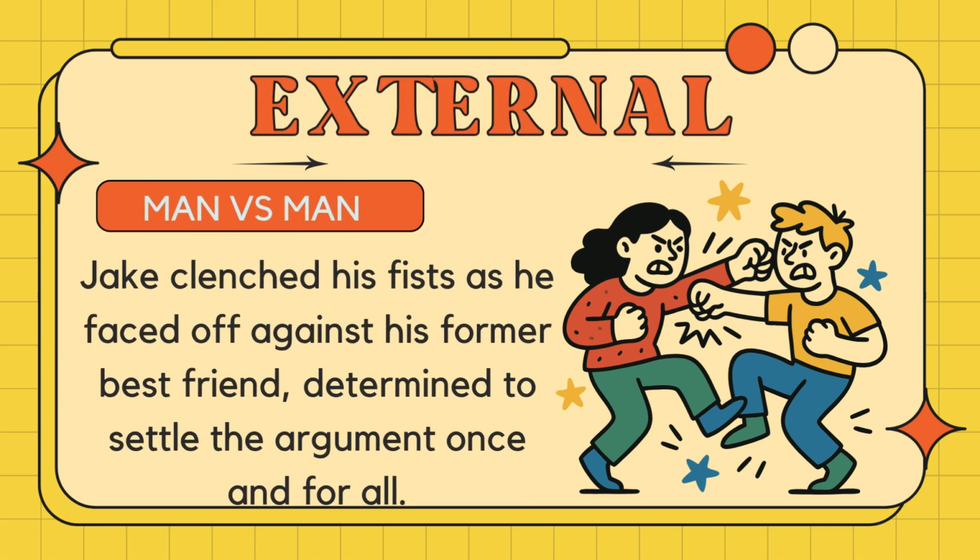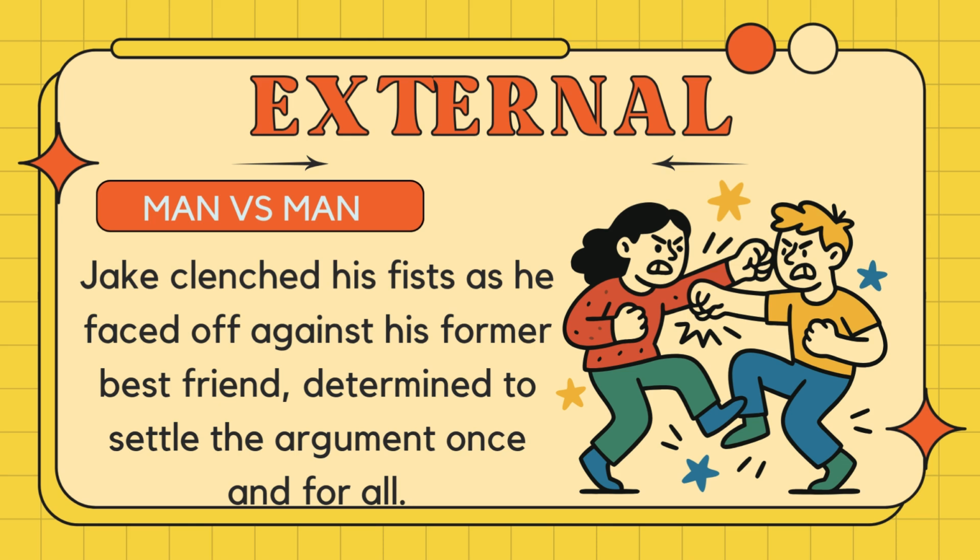For example, Jake clenched his fist as he faced off against his former best friend, determined to settle the argument once and for all. So in this case, Jake is mad at his best friend and he wanted to punch his best friend's face.